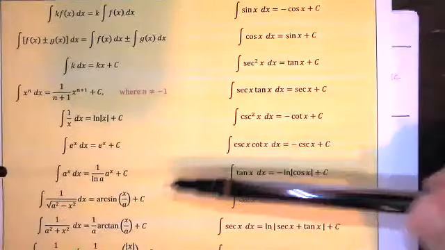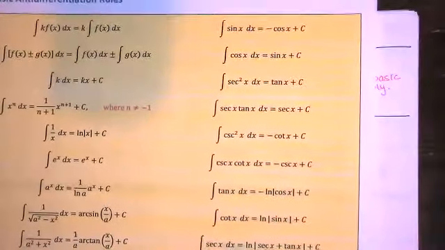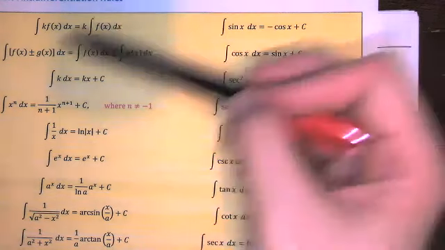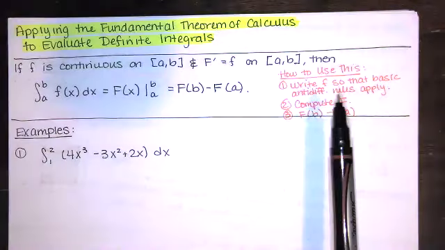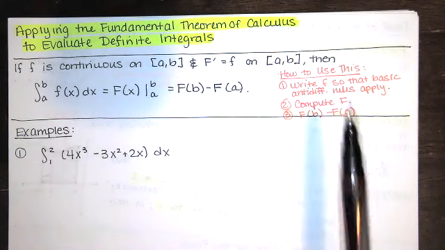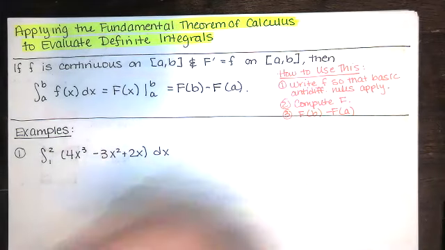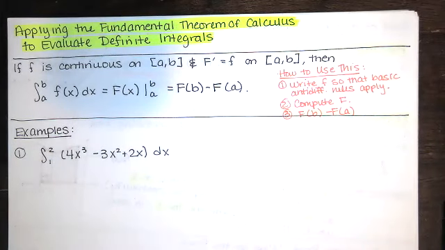If one of these rules does not apply, you have to use algebraic manipulation or possibly trigonometric identities and algebraic manipulation to rewrite the integrand in such a way that your basic rules apply. So we do a rewrite, we compute the antiderivative, and then we plug in the limits and subtract. It's actually very simple, but remember, when you're done, you interpret that as a net area.